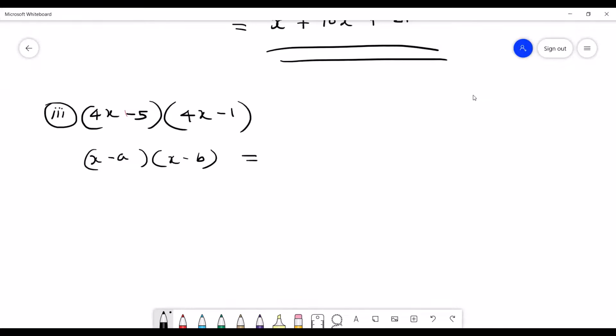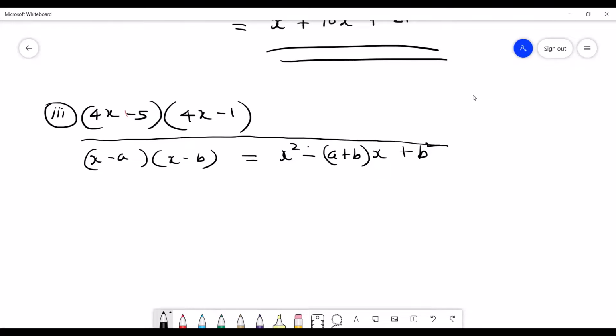So in this condition, we have to express this as x square, then we have to take minus a plus b into x, then ab. So x square minus a plus b into x plus ab. This identity also you remember, and this identity you use here.